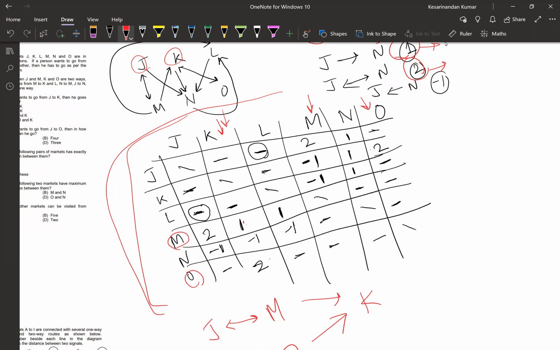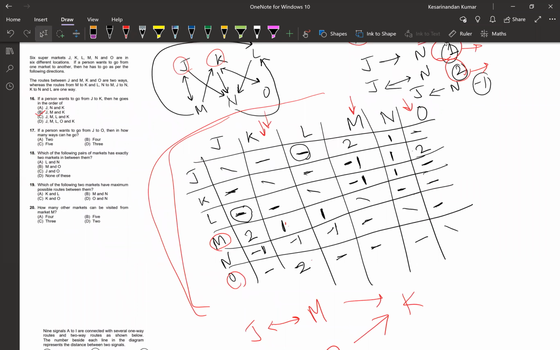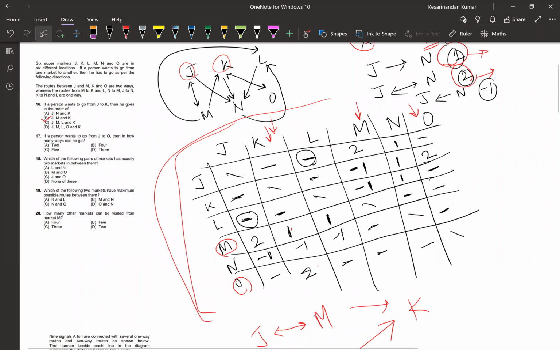So if you have understood this, let's try and solve the 17th and 18th questions. Do let me know in the chat box what your answers will be.